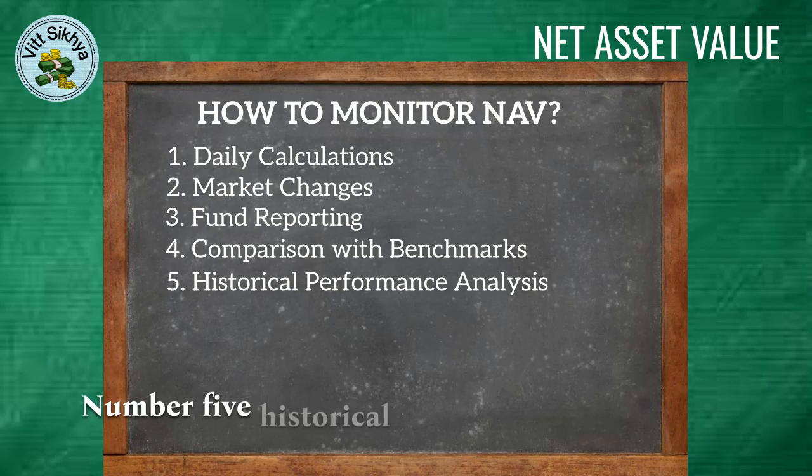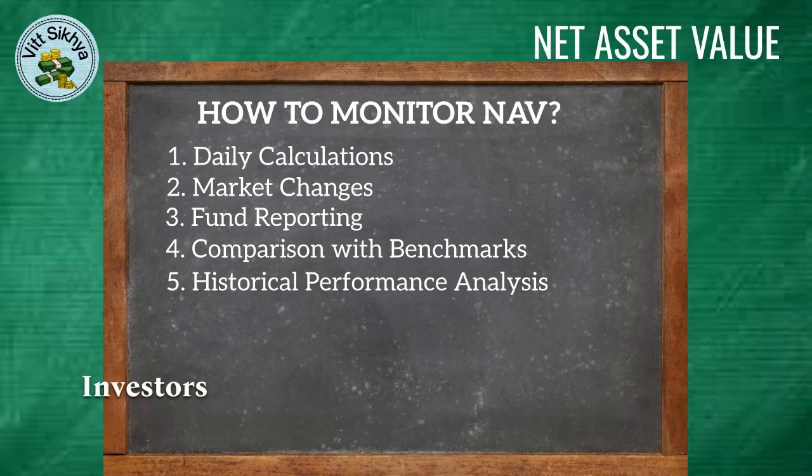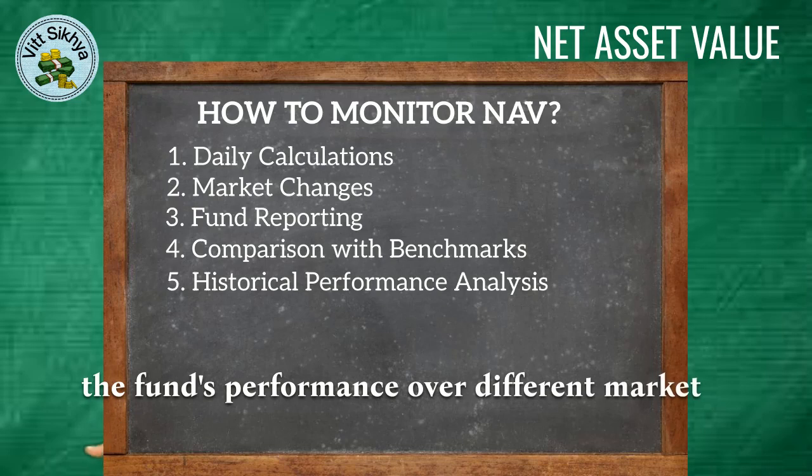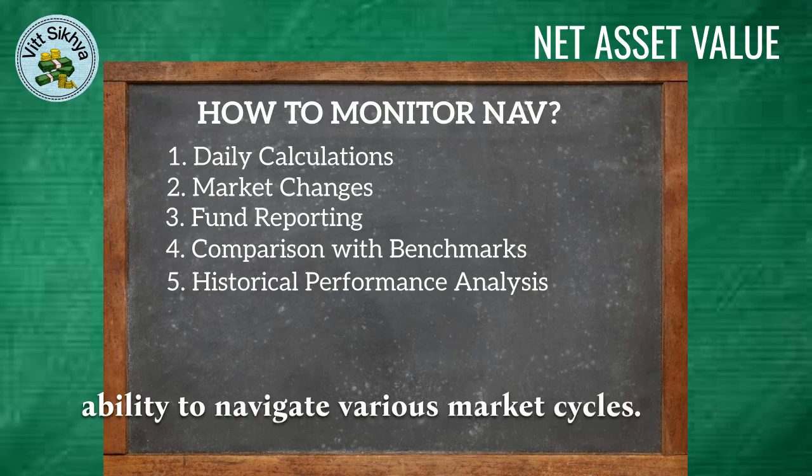Number 5, historical performance analysis. Investors analyze historical NAV data to understand the fund's performance over different market conditions. Long-term trends in NAV can provide insights into the fund manager's ability to navigate various market cycles.